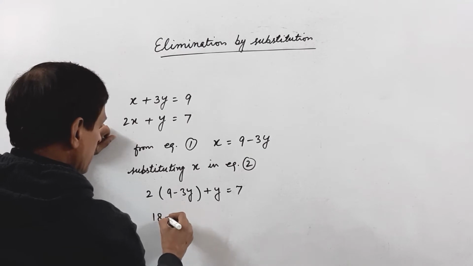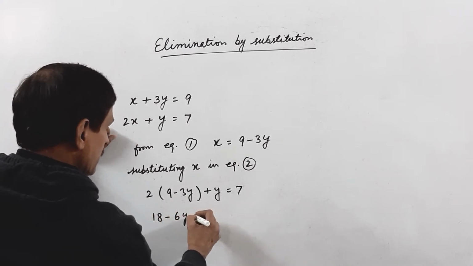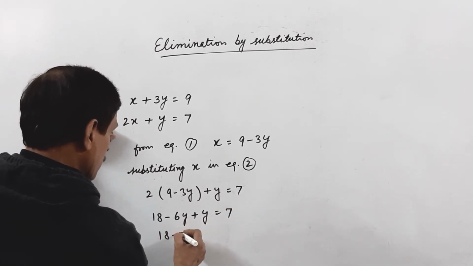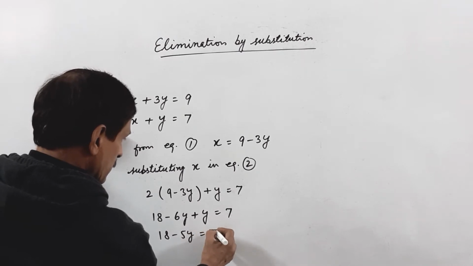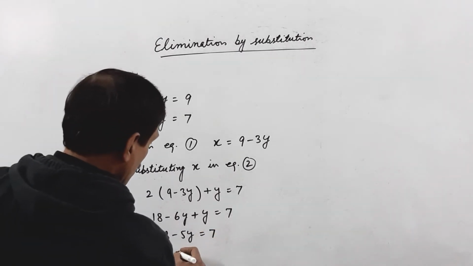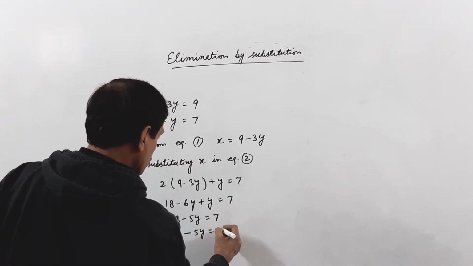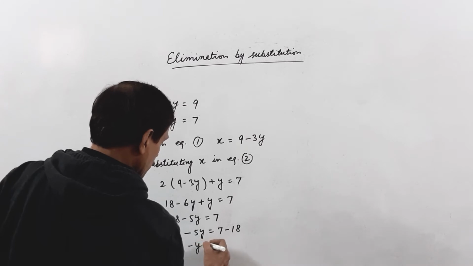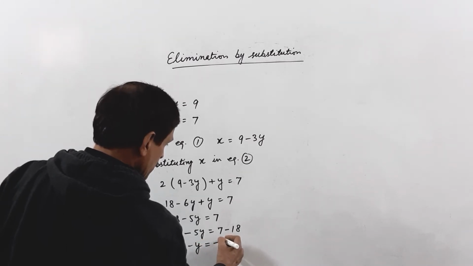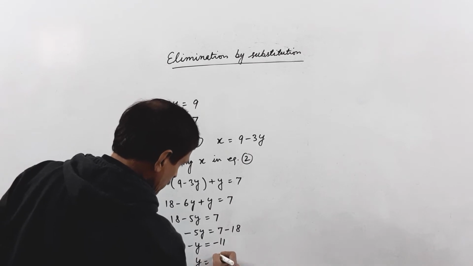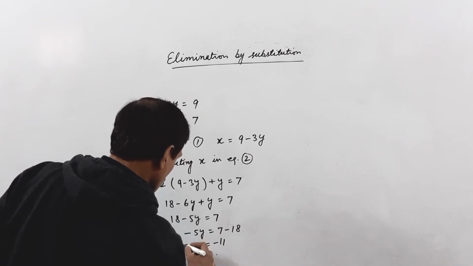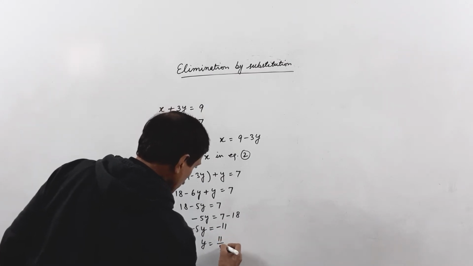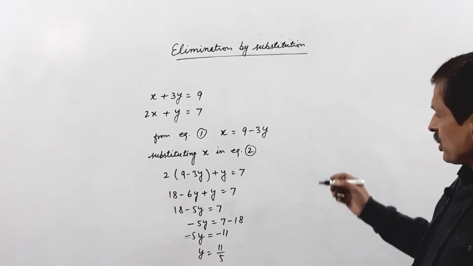This is 18 minus 6y plus y is equal to 7, or 18 minus 5y is equal to 7, or minus 5y is equal to 7 minus 18, or minus y is equal to minus 11, or y is equal to 11 upon 5.